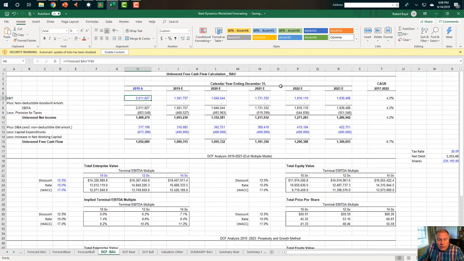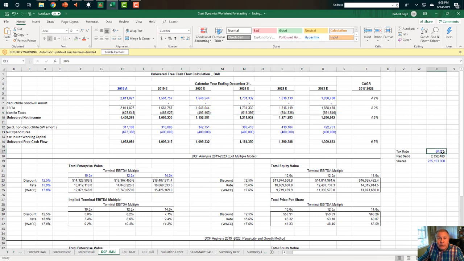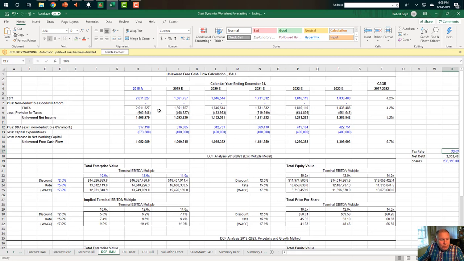So that comes in, and I've set the tax rate down here to be 30%. That was my assumption. And it computes the provision for taxes, and it gives us an unlevered net income. Okay. Then I've added back the depreciation. That also came from my forecast. And I subtracted out the capital expenditures based on my forecast. Now, 2018 is actual, 2019 is an estimate.